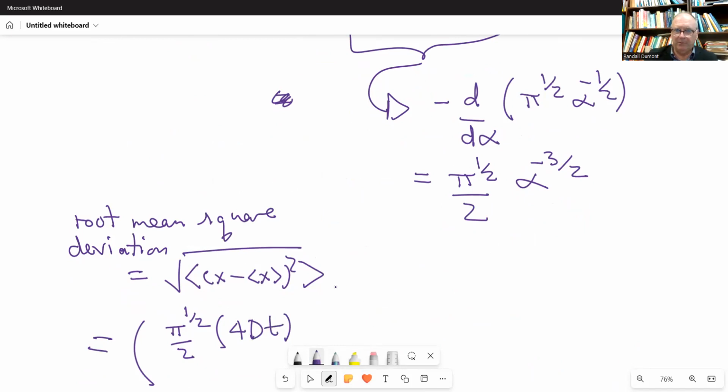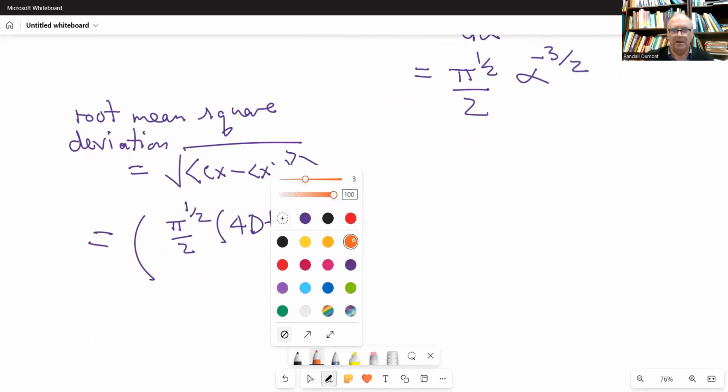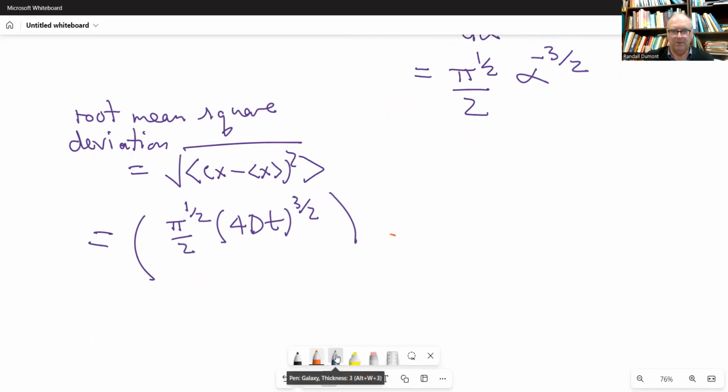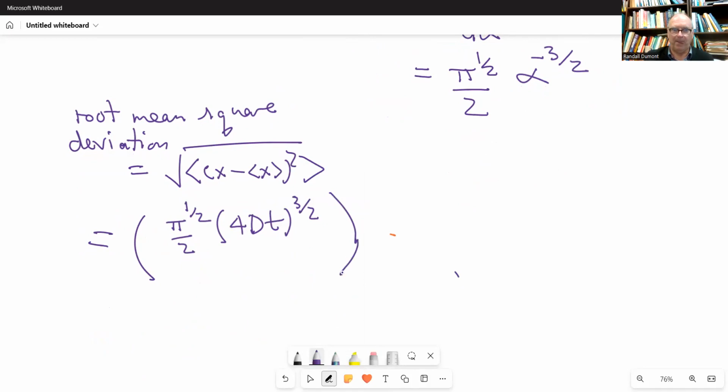And because it was 1 over, we just have 3/2 power. And then we have the denominator that we had above, to the 1/2 power. It was a denominator here, and it was 4 pi dt.